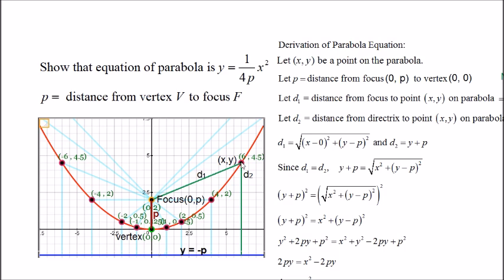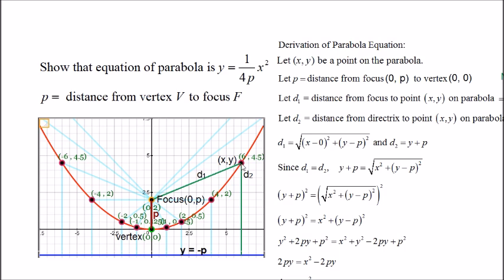The distance from the point (x, y) to the focus is going to be the square root of (x minus 0) squared plus (y minus p) squared.